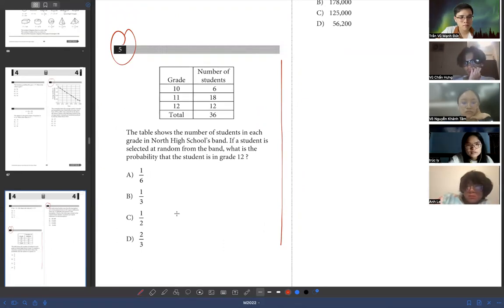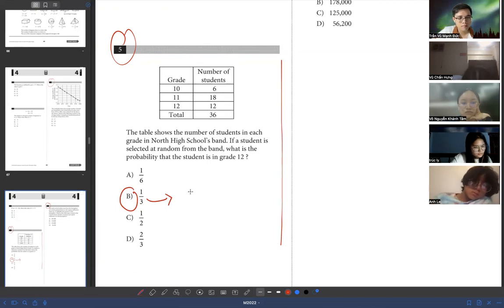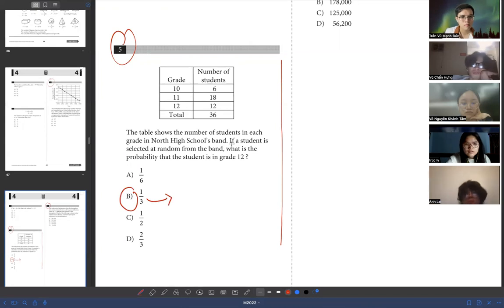I choose B. How did you come about B? The number of students in grade 12 is 12, and I calculate the ratio between the number of students in grade 12 and the total students.